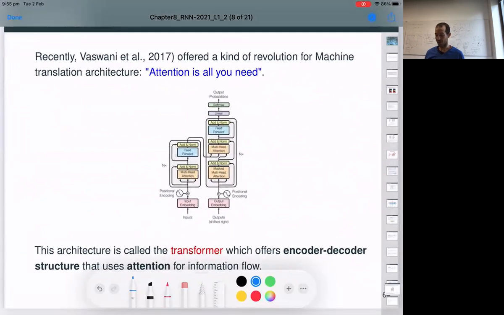The revolution was this paper in 2017, Attention Is All You Need. You can see a lot of different videos on YouTube explaining this new revolution with the transformer. But in fact, the transformer is, I would say, just an encoder-decoder structure, which is here.